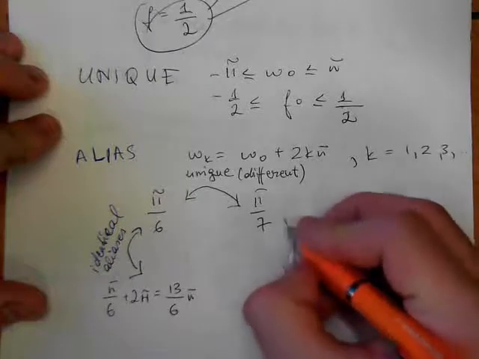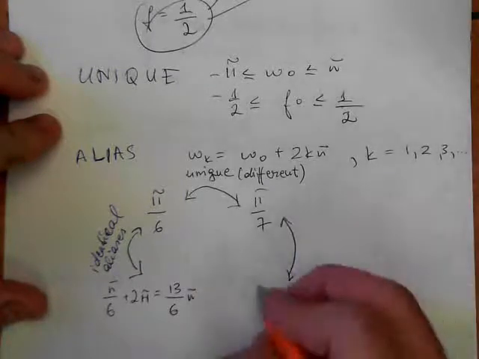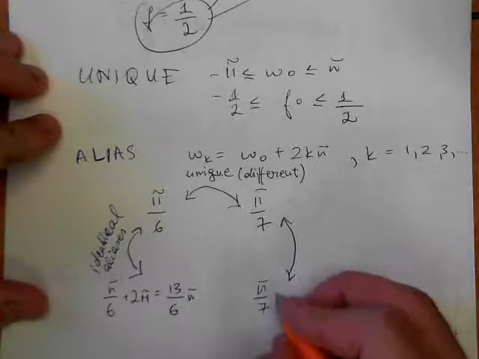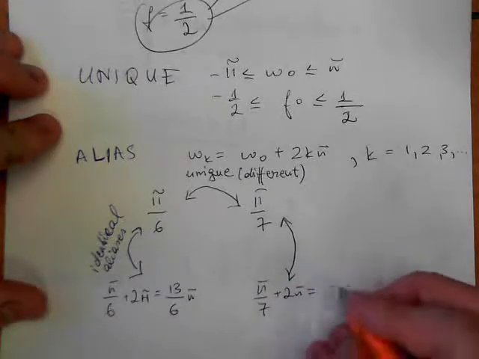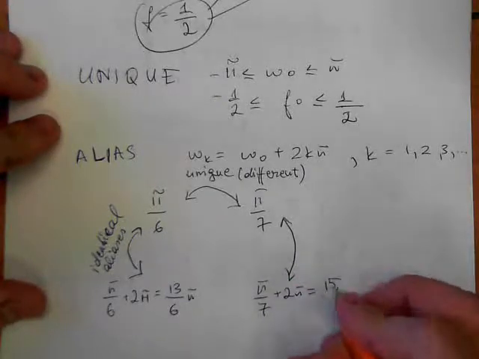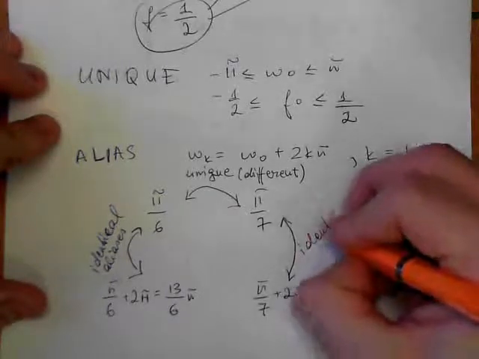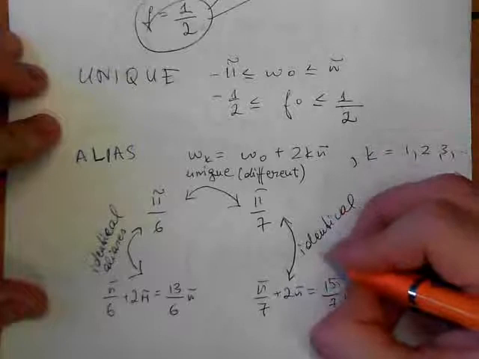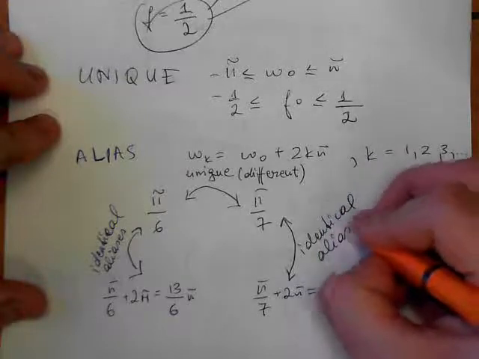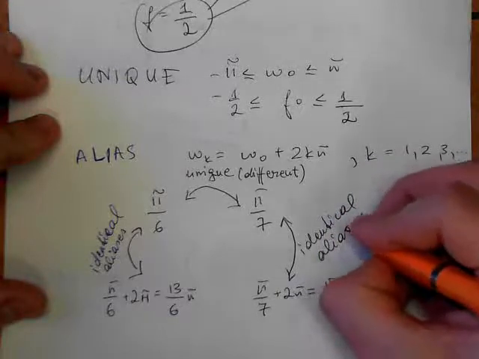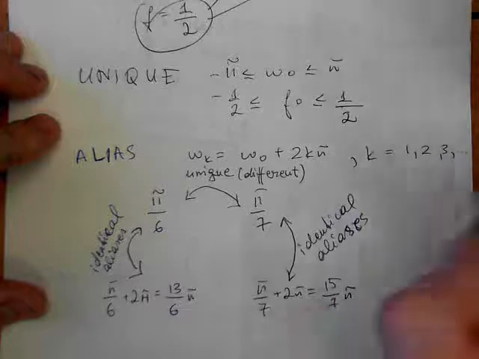Here we have pi divided by 7 plus 2 pi. It is 15 divided by 7 pi, and these are also identical. Aliases.